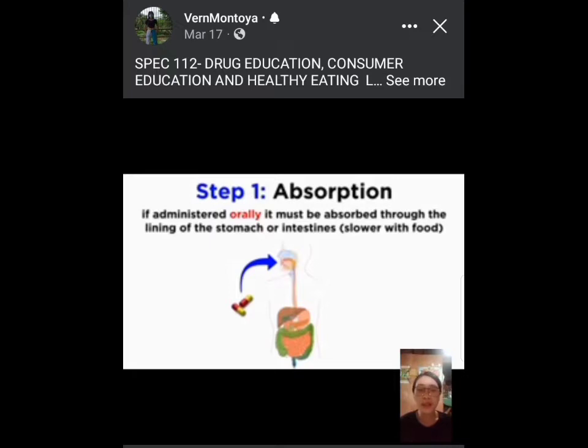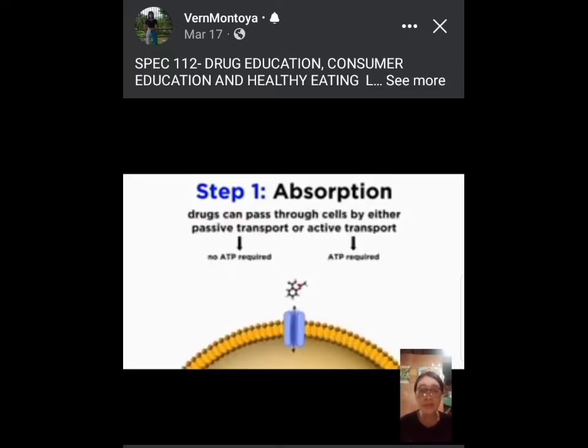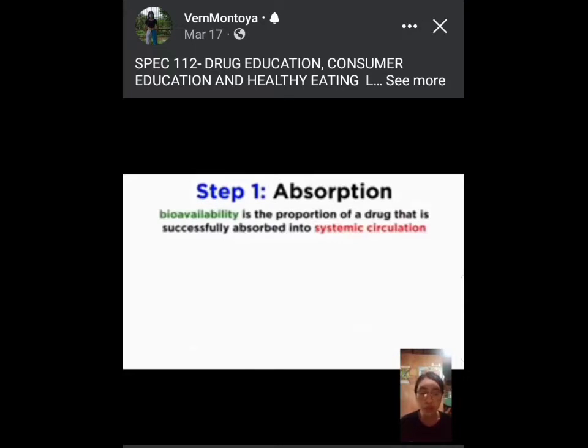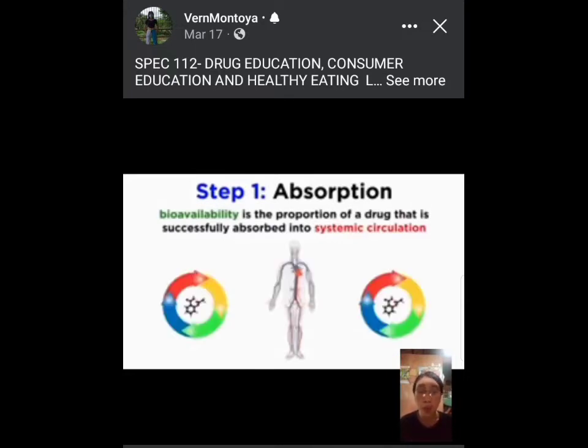Some drugs will pass through the cells that comprise the membranes by passive transport, or by active transport. One way or another, they will make it through on the way to their destination. In describing this process, it would be appropriate to review the term bioavailability. This term describes the proportion of a drug that is successfully absorbed into systemic circulation.